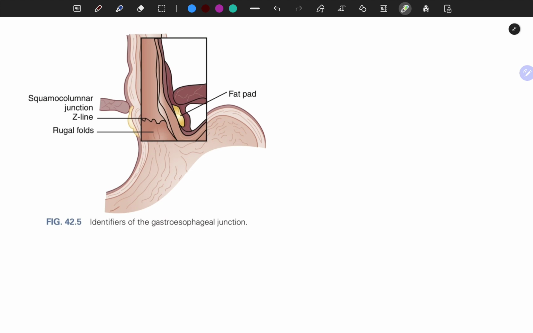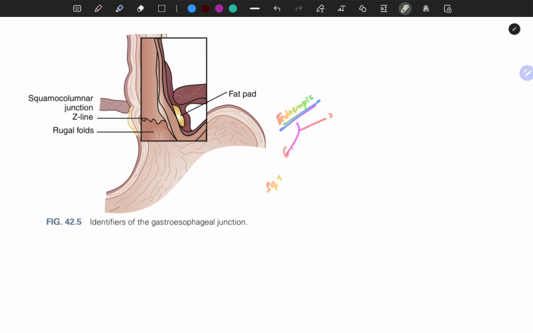A very important anatomical landmark: how to identify the gastroesophageal junction. There are two anatomical and two endoscopic landmarks. What are they?